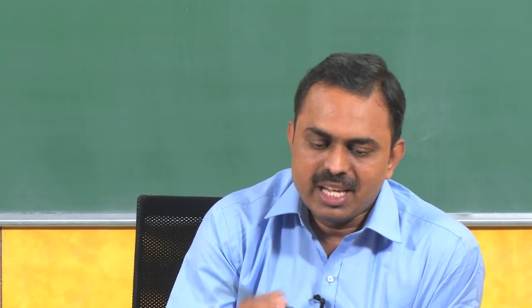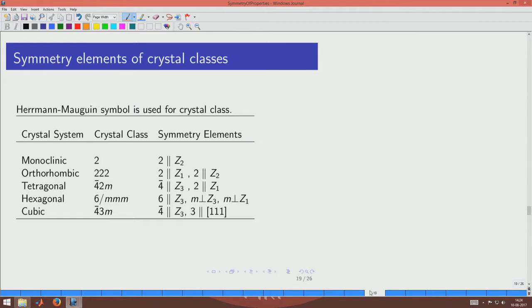Okay. Now, what are these symmetry elements we are talking about? I am just giving you a few examples here. There are umpteen such examples for all the 32 classes of crystals that are possible. So, take a cubic crystal for example. Okay. If you have the Hermann-Mauguin notation for the cubic crystal here, then the 4 bar implies inversion plus 4-fold rotation about the Z axis, and the 3 will imply that there is a third order rotation symmetry, and the axis is actually already provided here, 1 1 1.